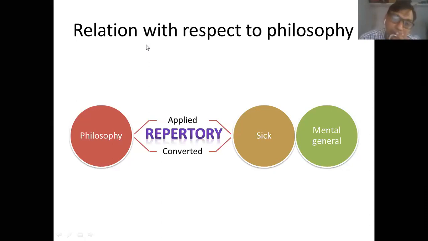And because of the application and conversion of all this philosophy through the medium of repertory, we can apply philosophical concepts like the concept of the sick, and this concept is practically and solely applied in Kent's repertory by the great stalwart James Tyler Kent.